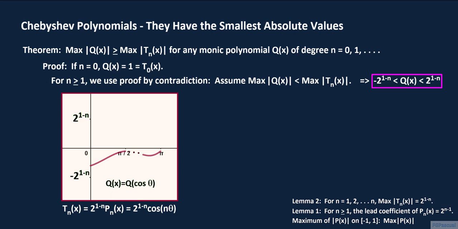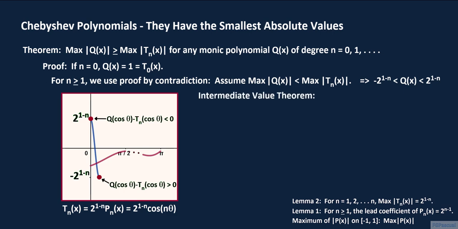Let us follow the first half cycle of t sub n of x, which is really t sub n of cosine theta. t sub n of cosine theta starts at its maximum point, where q of cosine theta minus t sub n of cosine theta is less than 0. t sub n finishes at its lowest point, where q of cosine theta minus t sub n of cosine theta is greater than 0. And so, invoking the intermediate value theorem, q of cosine theta minus t sub n of cosine theta equals 0 must have at least one solution in theta on this half cycle.